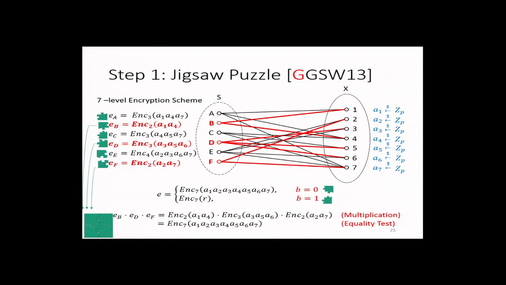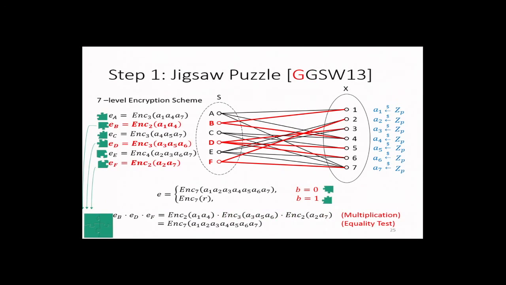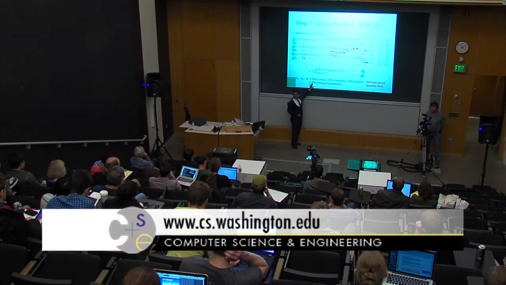Okay? So given this exact cover, I have access to this encryption of the product of A1 to A7, and now I also have access to an equality test, right? If I have access to this encryption of the product of A1 to A7, I can check if E and the product here are encryptions of the same value or not. Okay?